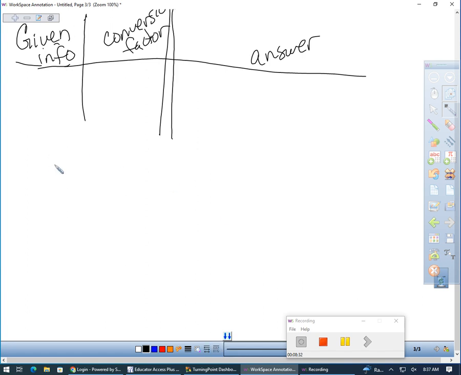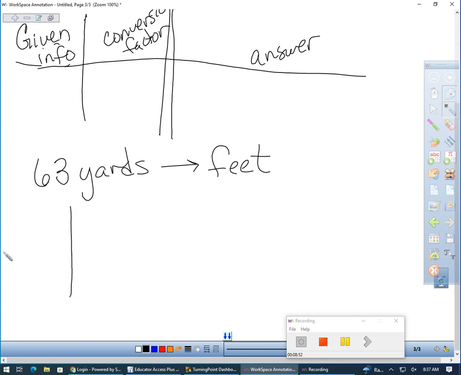So, for example, let's say I want to change 63 yards into feet. All right, so I'm going to ask that you draw our ladder. Our given information of 63 yards goes in our first box.